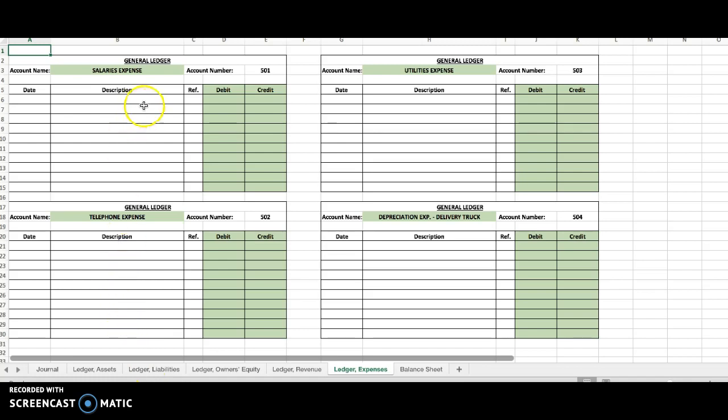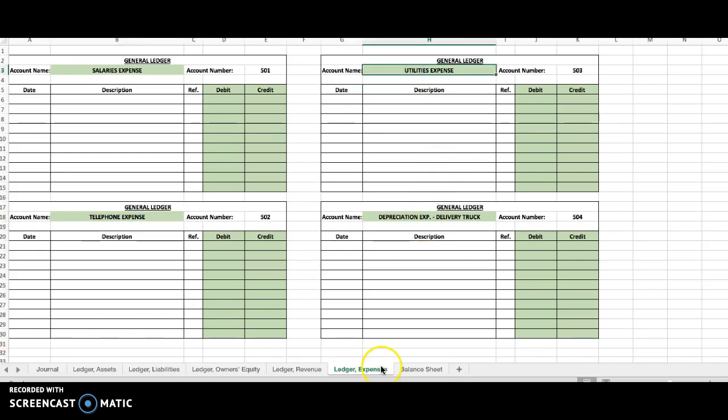You see some typical ones there: salary expense, telephone expense, utilities expense, and then something new in the expense accounts here called depreciation expense delivery truck. And this is a new expense account. We keep adding expense accounts. We did that in the last couple of topics. And again, this is a new one that we'll be taking a look at.